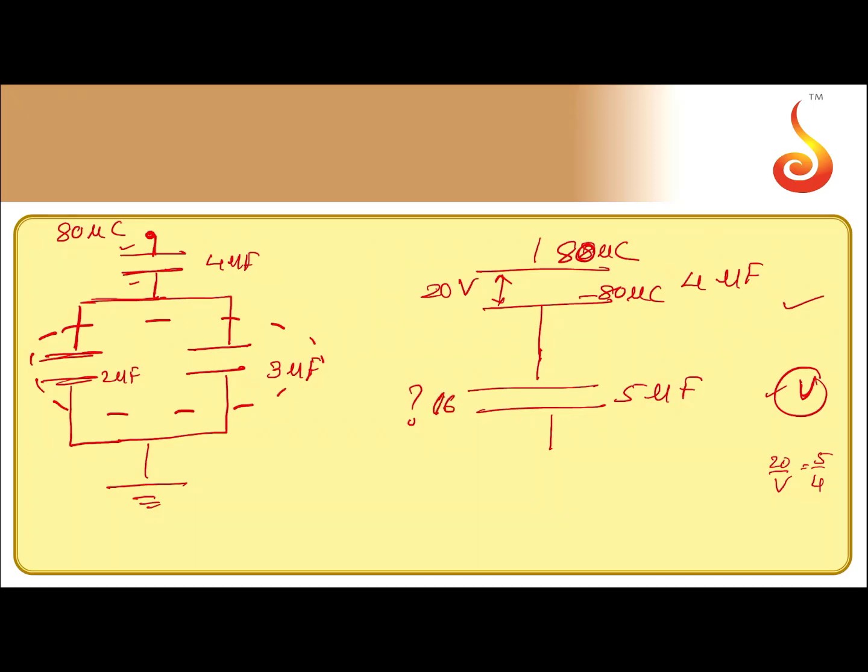So potential difference across this is 16 volts, which means that the potential difference across 2 microfarad is 16, across 3 microfarad also it is 16.